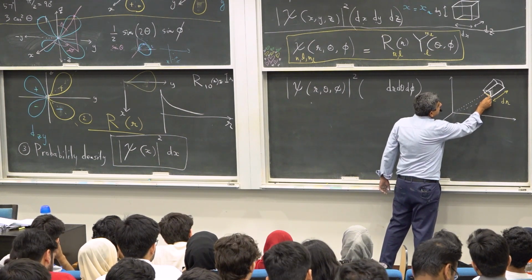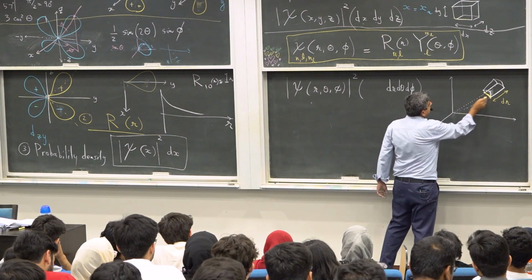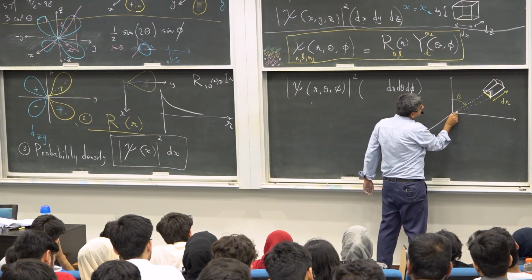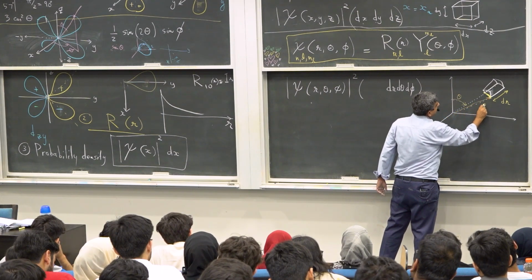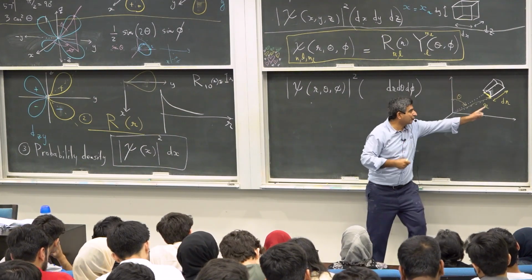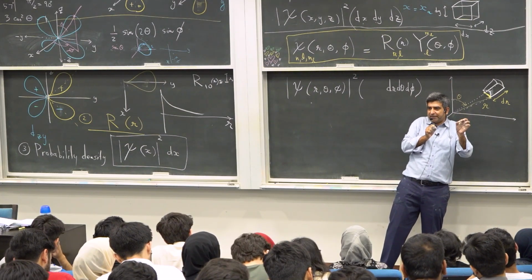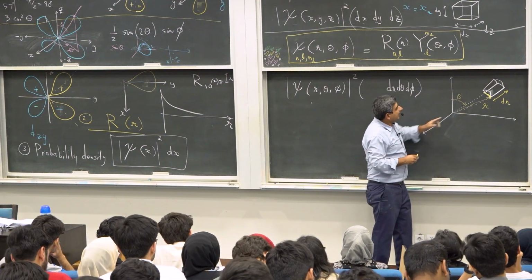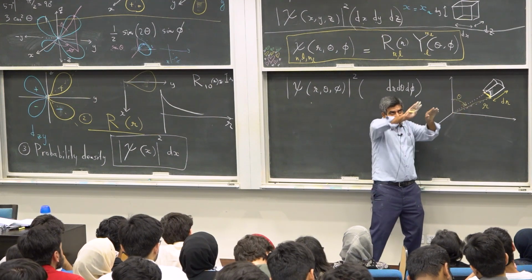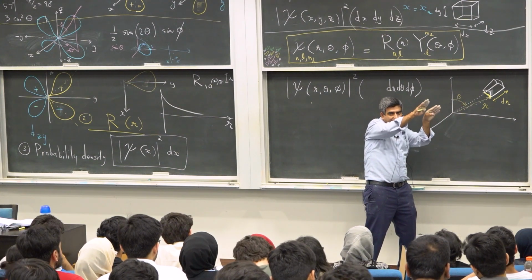Can you tell me what this length is going to be? This angle, by the way, is theta. This distance of this small element is r. So at r, I move further away from the origin by a small infinitesimal length dr. And can you guess what this curved length is going to be?